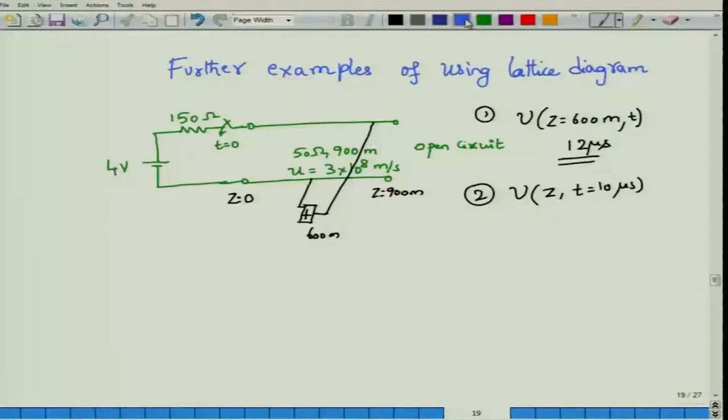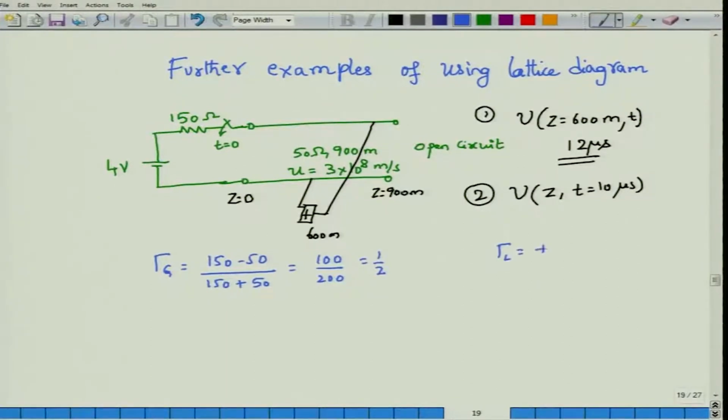So as part of that strategy, let us first calculate gamma g. Gamma g is clearly given by 150 minus 50, 150 being the generator impedance, divided by 150 plus 50. So this is 100 by 200, equal to half. Similarly, what is the load reflection coefficient?